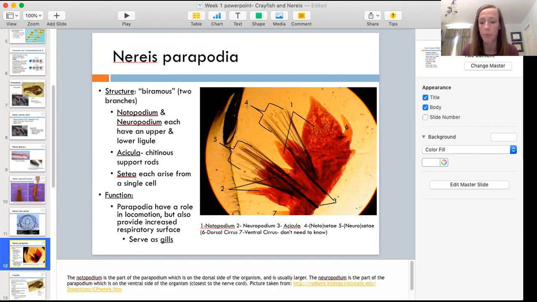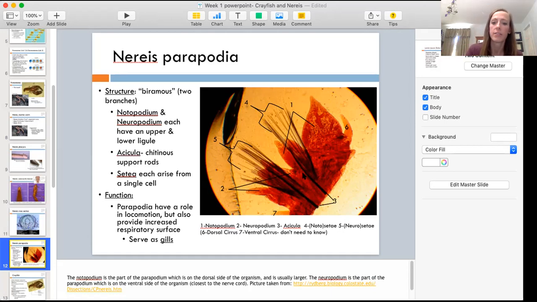They help the Nereis move, but they also provide an increased surface area for the worm, and this serves to help with respiration because they don't have any proper gills or lungs. They use this increased surface area of the parapodia as a respiratory surface, with diffusion across the membrane.